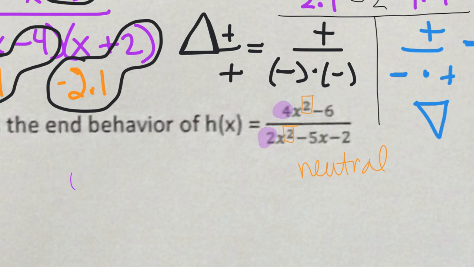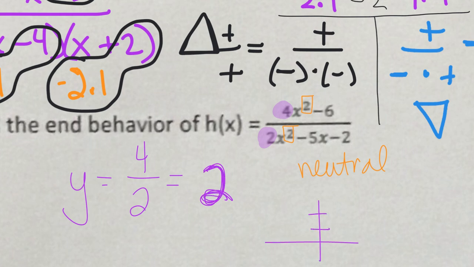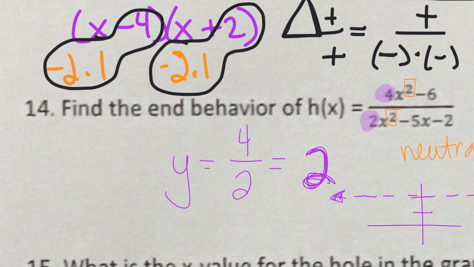Basically your answer is y equals 4 divided by 2, which is 2. So this graph would have a horizontal asymptote through +2. I do a lot of other stuff, but we're only asked for the horizontal asymptote, the end behavior, horizontal asymptote of y equals 2, because it's neutrally heavy.